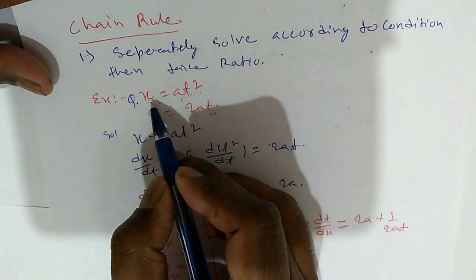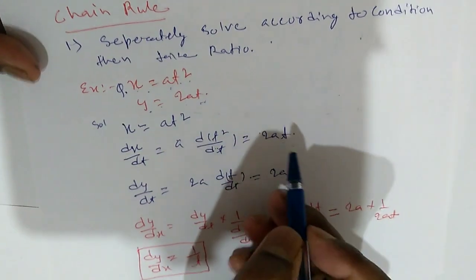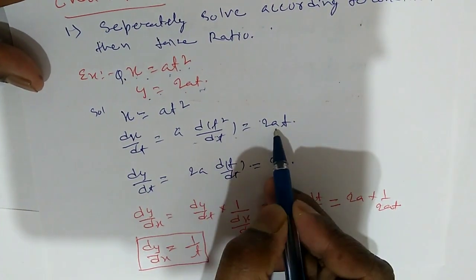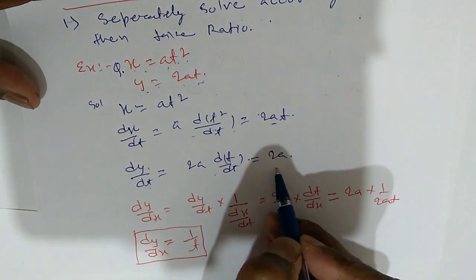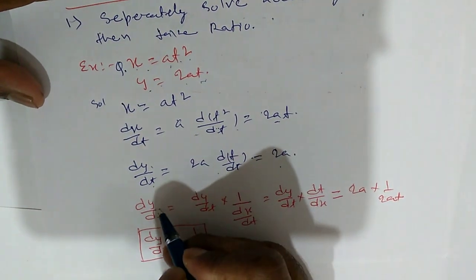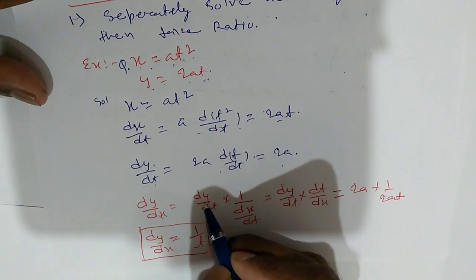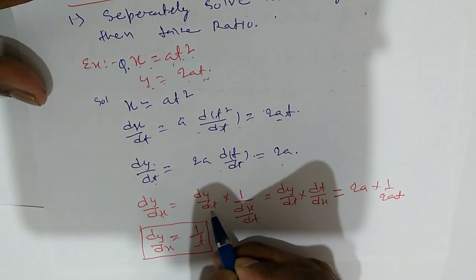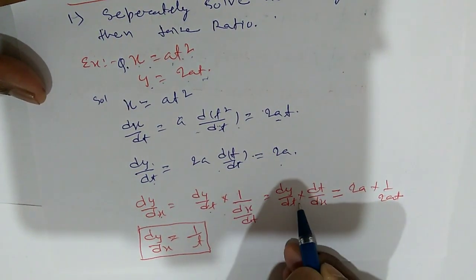So first solve, it means differentiate x with respect to t, and then we get 2t. Similarly, differentiate y with respect to t, we get 2a. Now divide, it means dy upon dx: as we write, dy upon dt, similarly dx upon dt, because this dt cancels out.